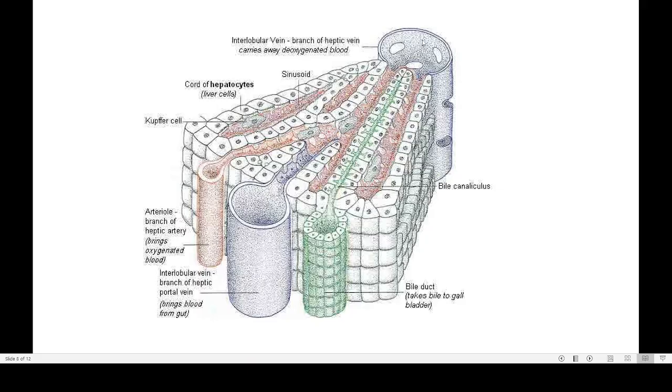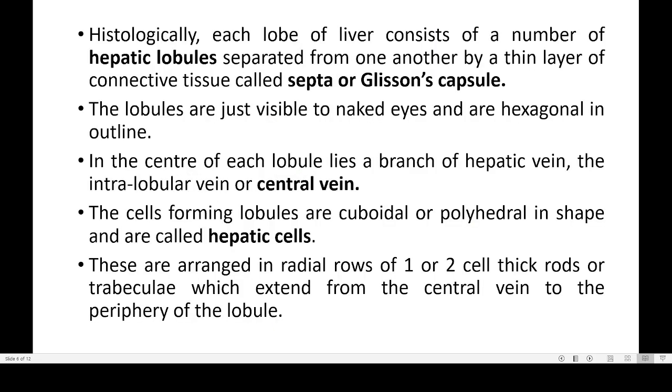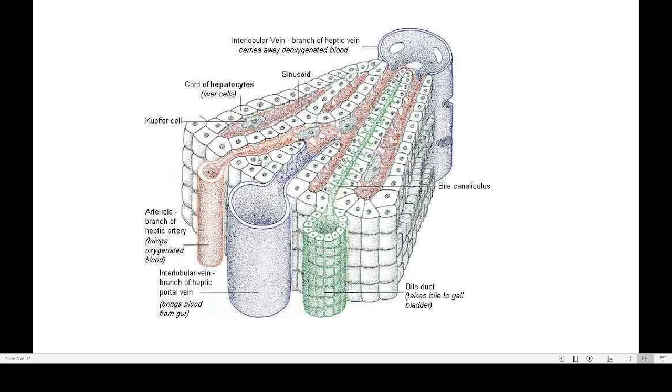Now what we are seeing here is that they are arranged in radial rows of one or two cell thickness, or trabeculae, which extend from the central vein to the peripheral lobe. See, this entire portion is known as the trabeculae.